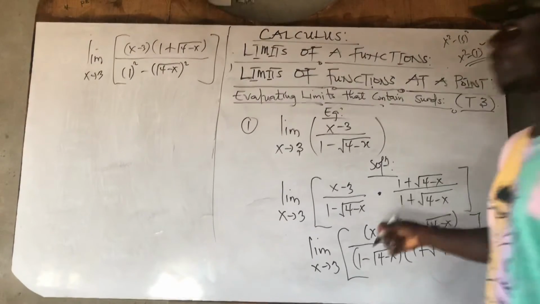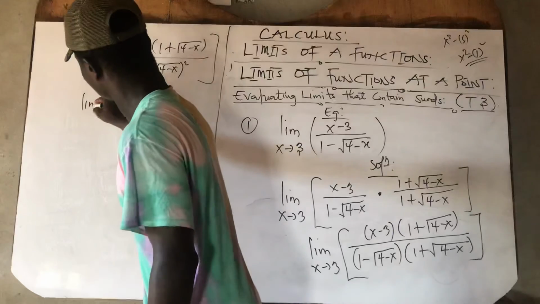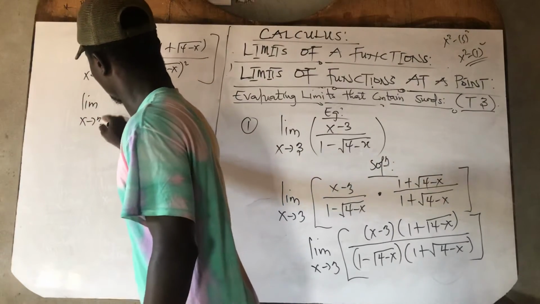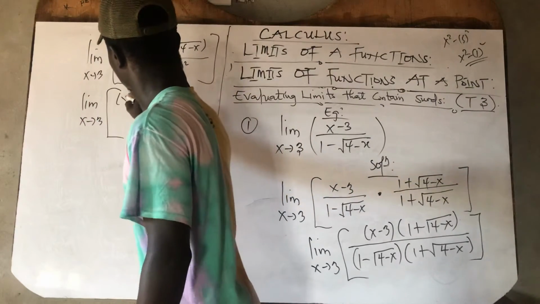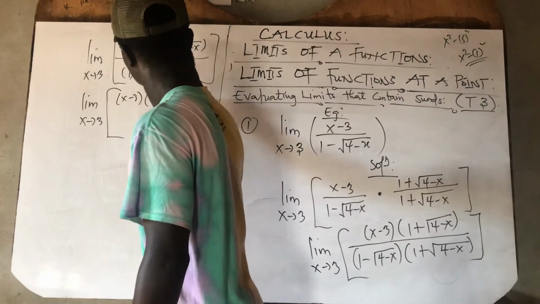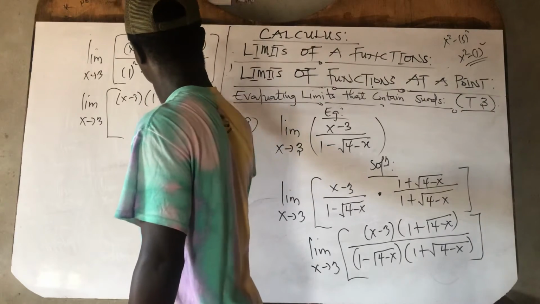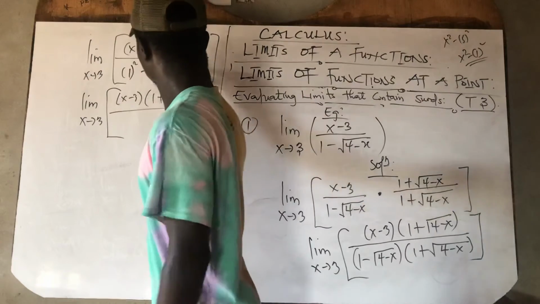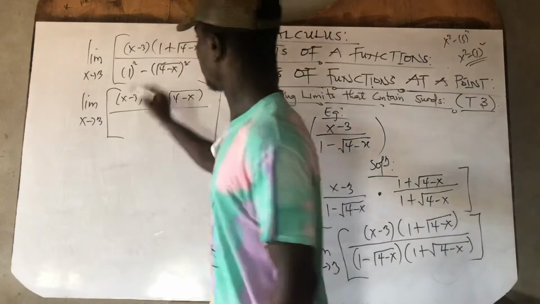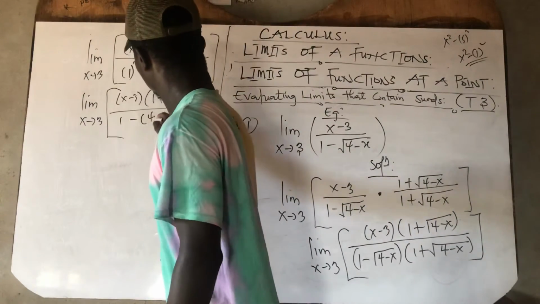Right, so now you can say that the limit as x approaches 3 of x minus 3, which is 1 plus square root of 4 minus x, all on. Now this cancels the square root, right? So I have 1 minus 4 minus x.